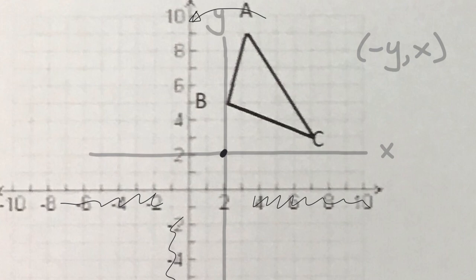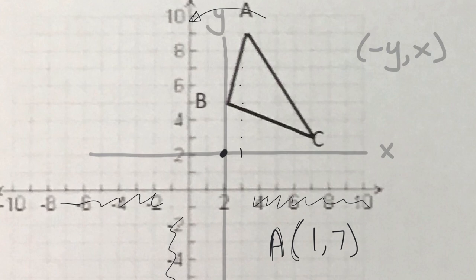So from your new point of origin, what are the coordinates for point A? That's 1 unit to the right and 7 units up. So for our new coordinate system with our new origin, A is at the point (1, 7).